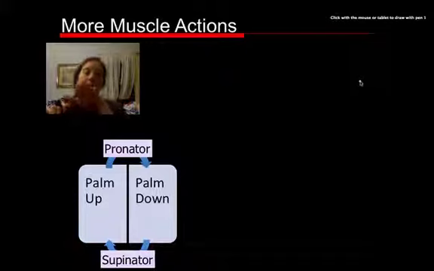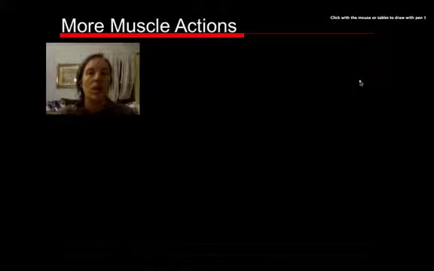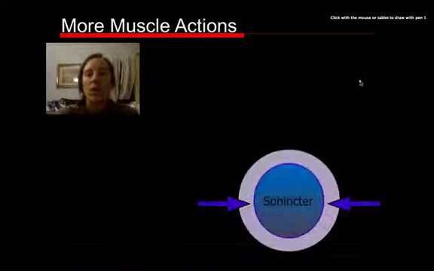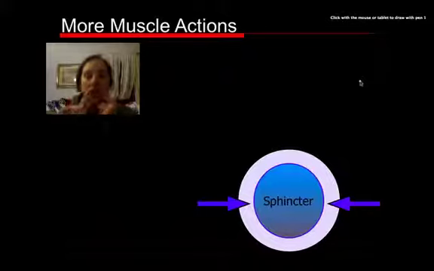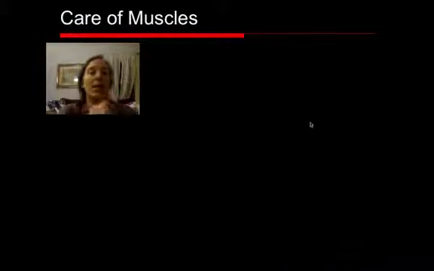People that are supinators when they run roll out. So pronating versus supinating. And then the last one is sphincter muscles. Sphincter muscles are muscles that produce closing. We talked about how the orbicularis oris, the mouth muscle, is a circular muscle, because sphincter muscles are circular muscles. And they close the diameter of a particular opening.